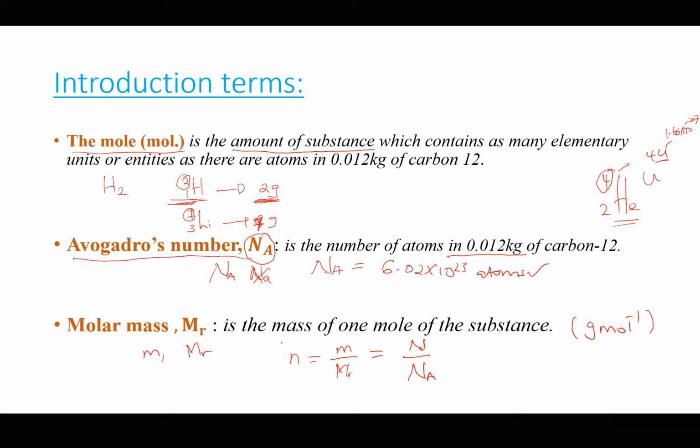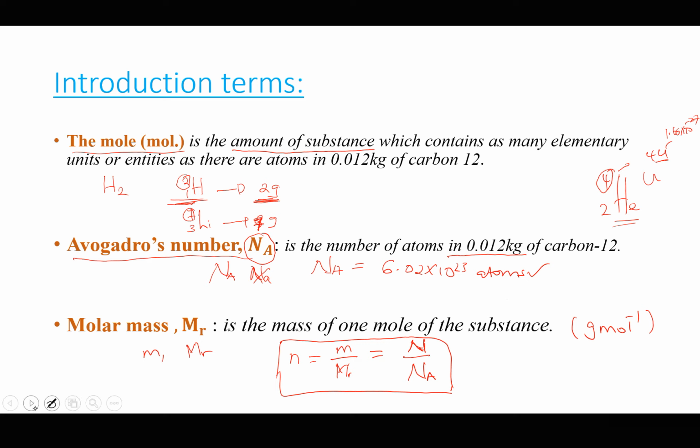So many times we shall use this expression: number of moles equals the mass of the substance over the molar mass, which is the same as the number of particles, number of atoms, number of nuclei, compared to the number of atoms in 12 grams of carbon-12.